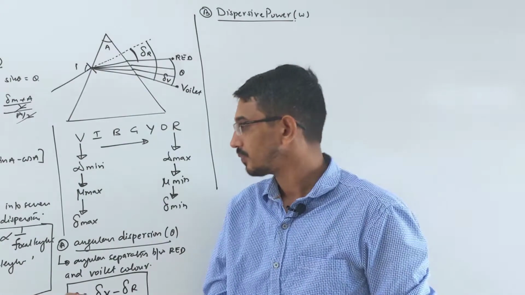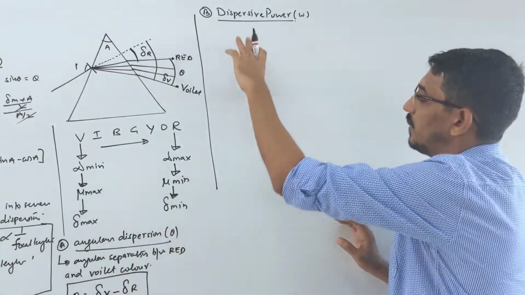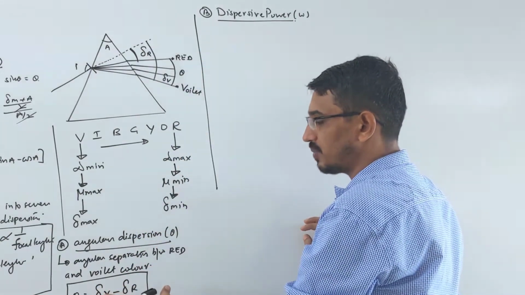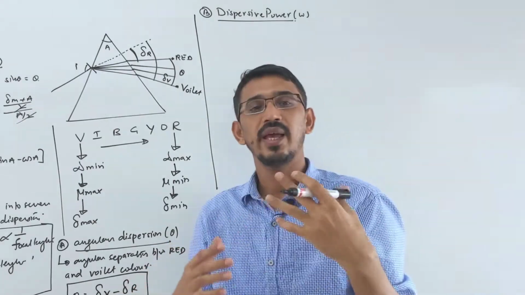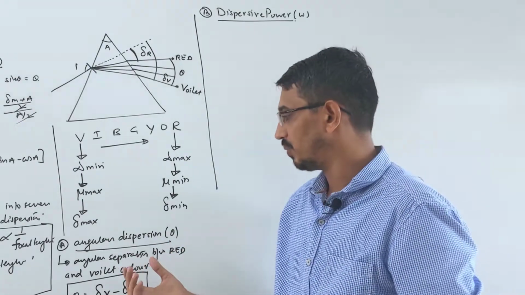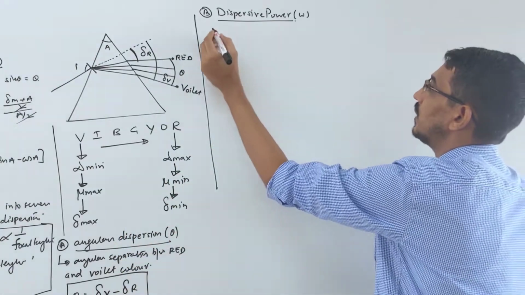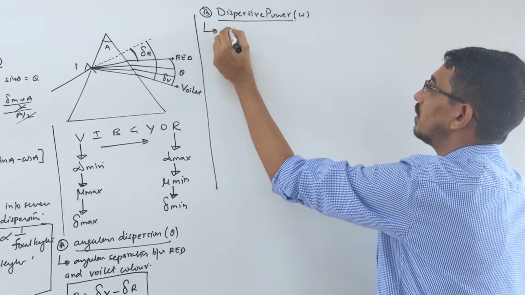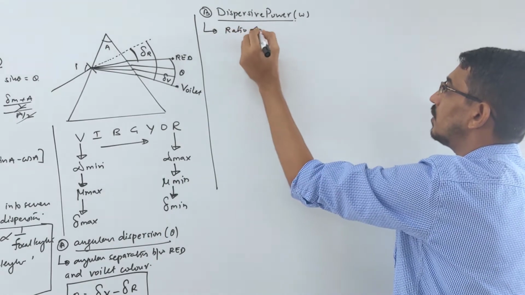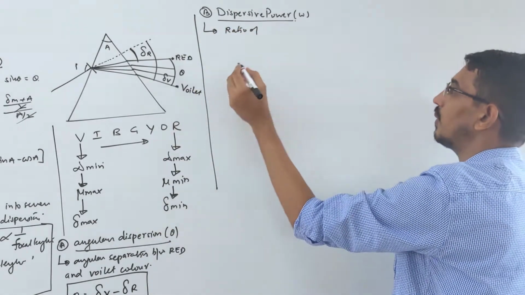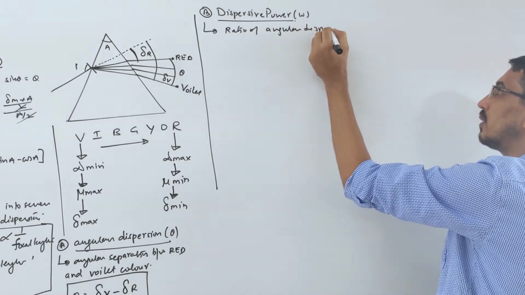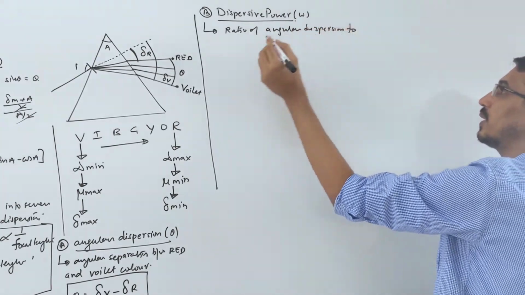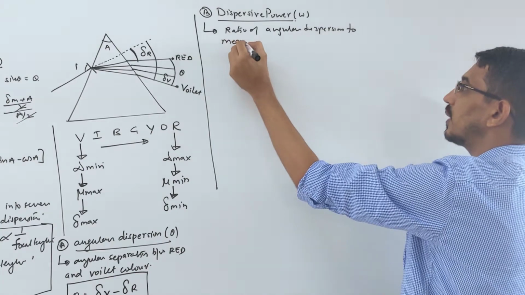This tells you the angular dispersion with respect to the mean or average deviation, how much its value is. How do they define it? They say this is the ratio of your angular dispersion to the mean dispersion or average dispersion.